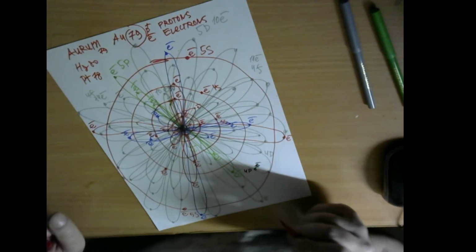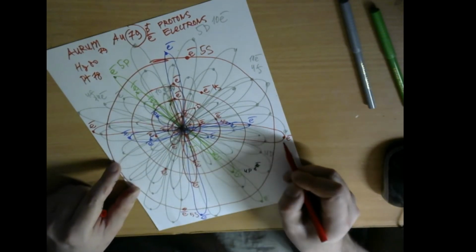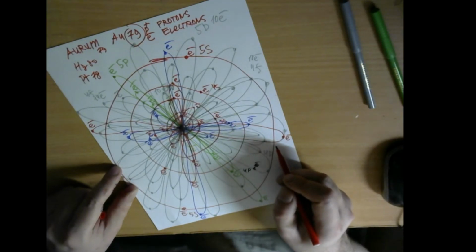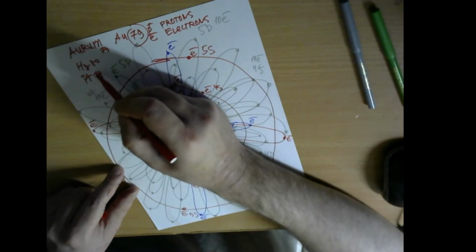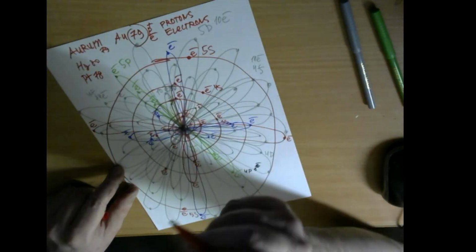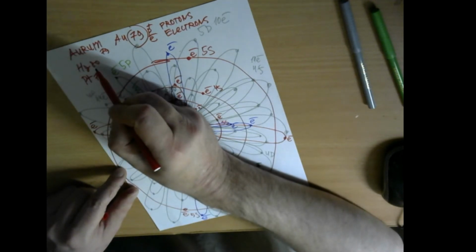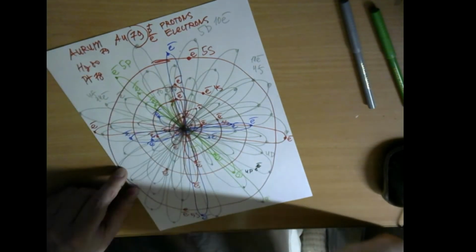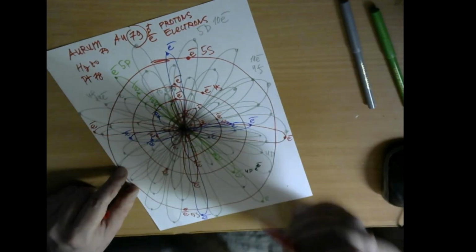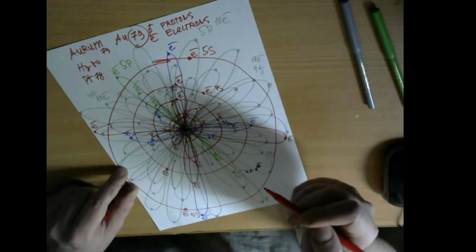You ask yourself a question. If we take one electron away, which is quite simple, from gold, will we get platinum or hydrargyrum? Or for example, a more interesting question. If we take cheap hydrargyrum, mercury, and we take away one of its electrons, would we get gold?